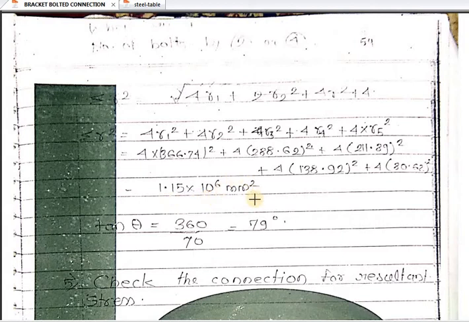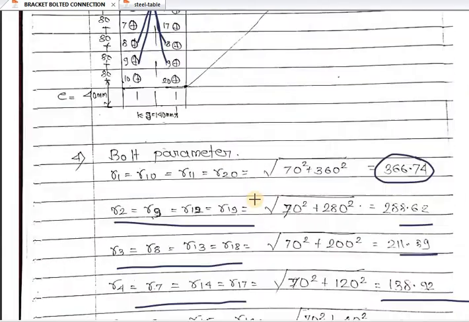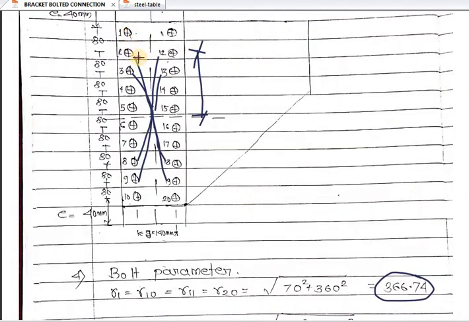How to find out theta? So theta is for the maximum distance. We are finding out theta for the last part, up to this top portion. So this height is nothing but 360, and this base is 70.